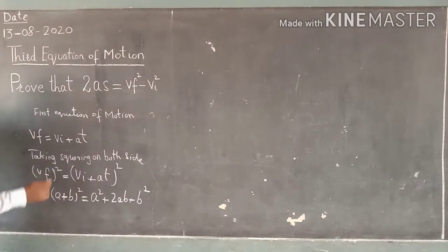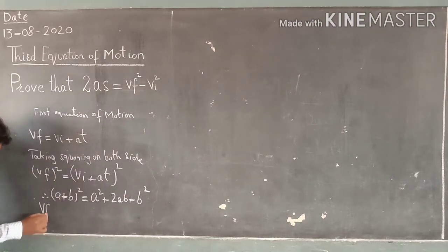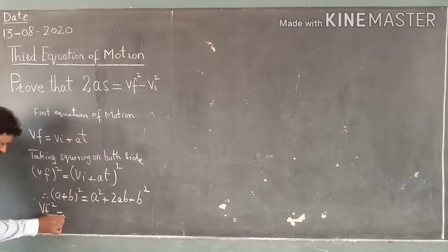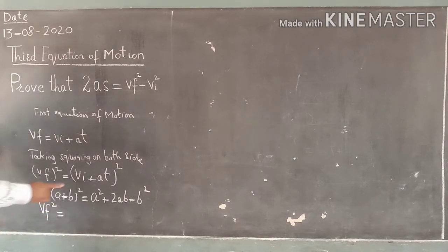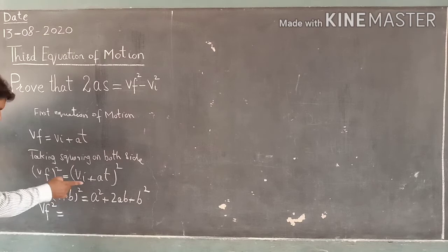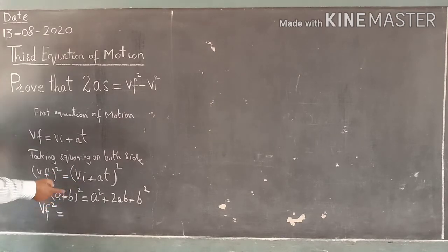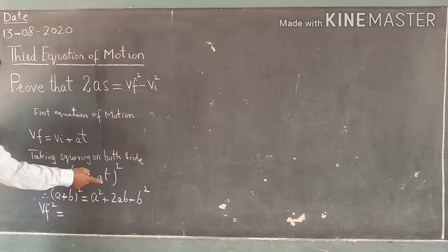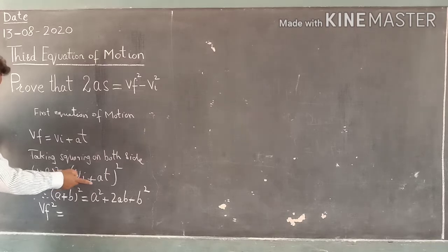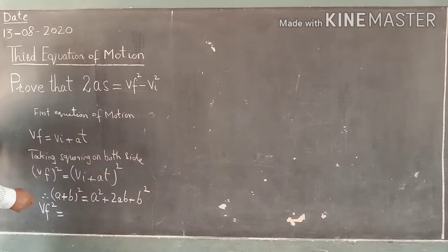So Vf square is equal to, for example if we consider Vi is equal to A and At is equal to B, it means we can read it as (A plus B) whole square.